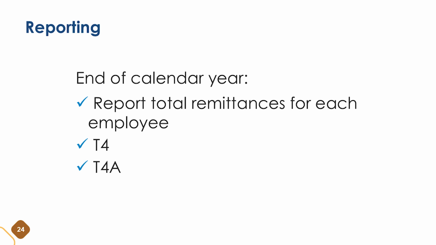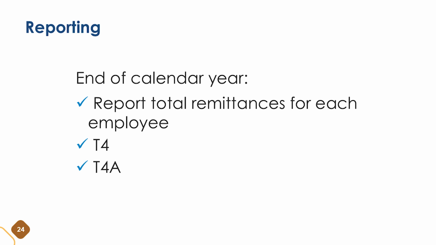A T4 slip, Statement of Remuneration Paid, reports an employee's taxable, pensionable, and insurable income, including any taxable benefits and allowances, as well as withholdings from that employee's remuneration for CPP contributions, additional CPP contributions, EI premiums, and income tax.